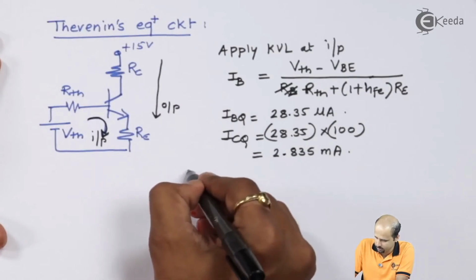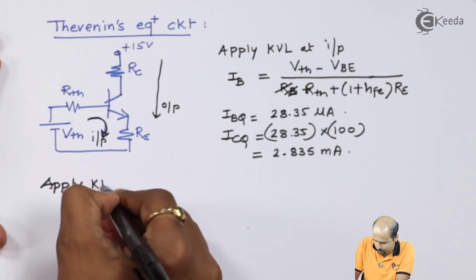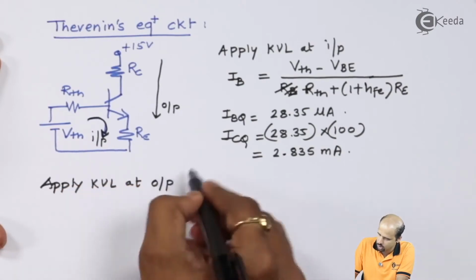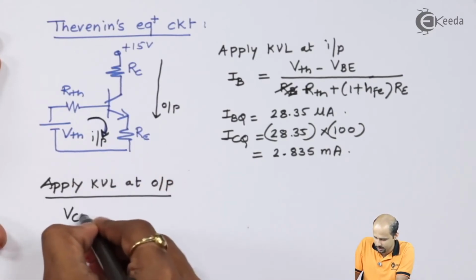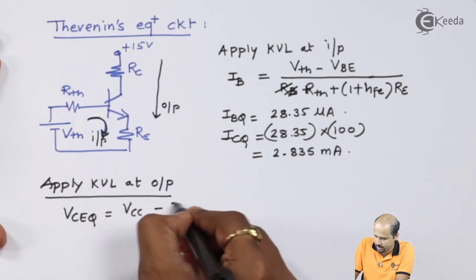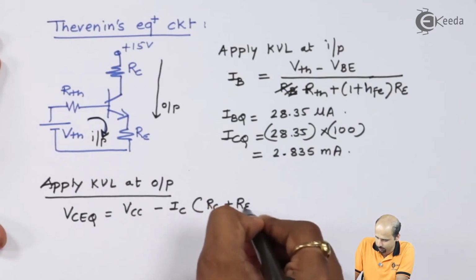So simply, we first apply KVL at the output. If you apply KVL at the output, you will get the equation VCEQ equal to VCC minus IC into (RC plus RE), right?